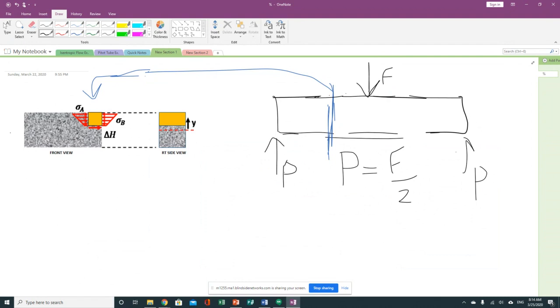Because they're the same. At each point, it's the same y away from the center. Okay, so they're the same distance from the neutral axis. There's the same second moment of area. Do they have the same bending moment?